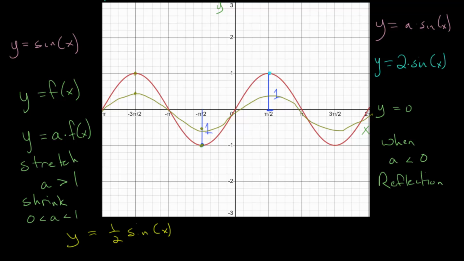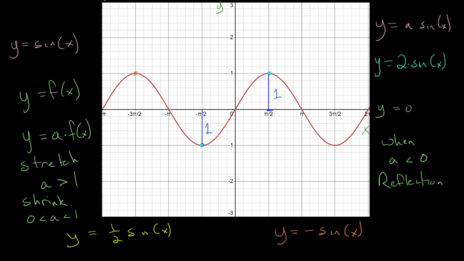But this is just to get a general idea of what multiplying on the outside of this parent function, or really any parent function, actually does to the function. And lastly, if we multiply by a negative number, let's say we have y is equal to minus the sine of x, then this just reflects the entire function over the x-axis in this case, since the midline value is y equals 0.